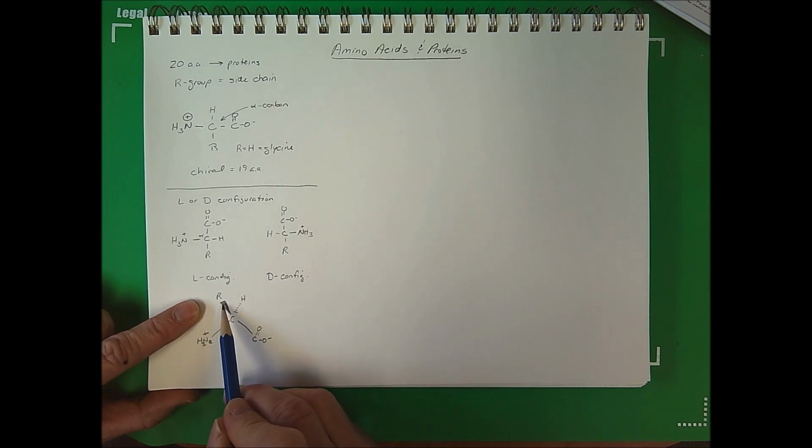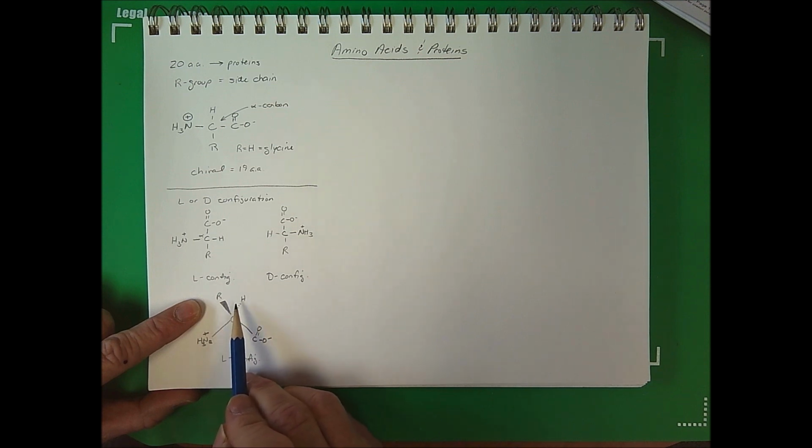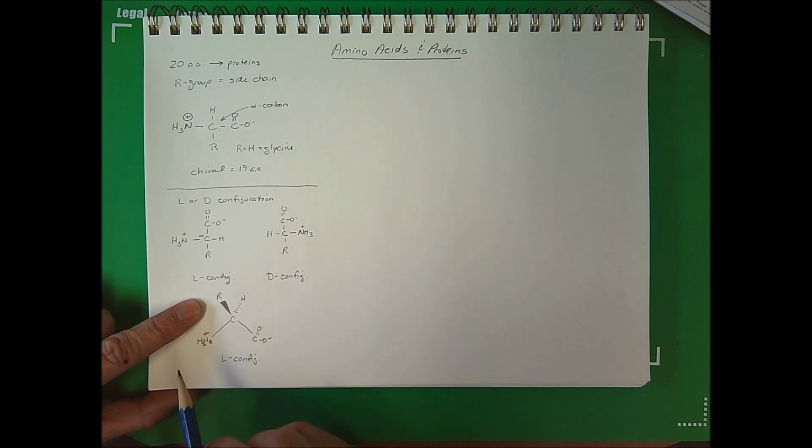Our left hand would touch the R group. This is considered the L configuration. If the R group and the hydrogen were flipped, then the R group would be on the right-hand side, and walking the bridge from the carboxyl to the amine, our right hand would touch the R group, which would be the D configuration.